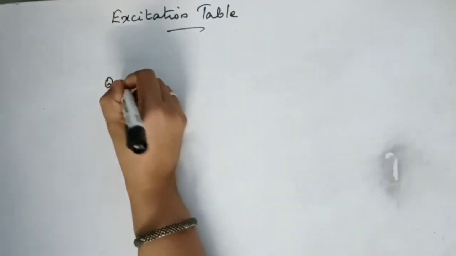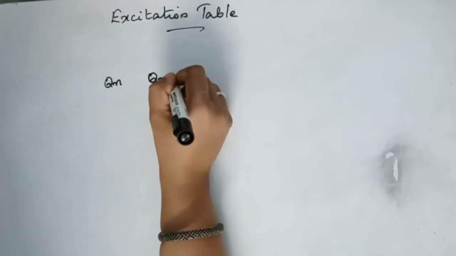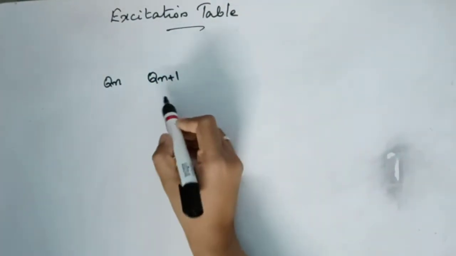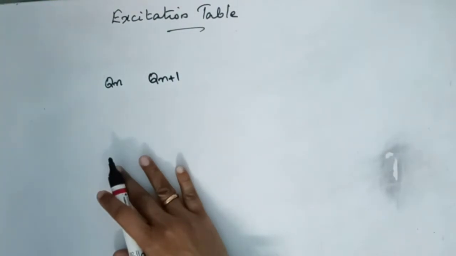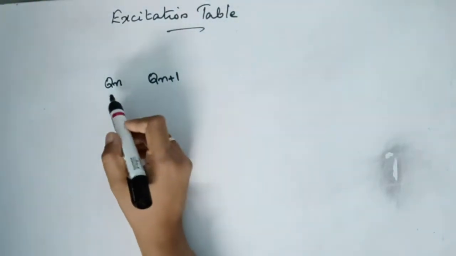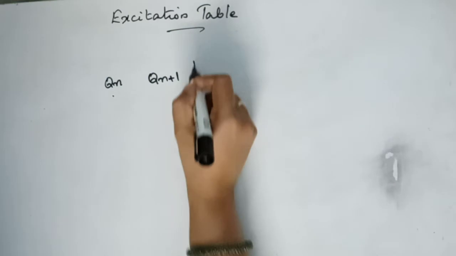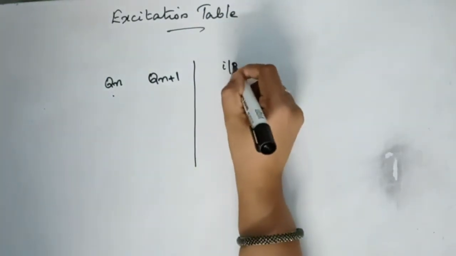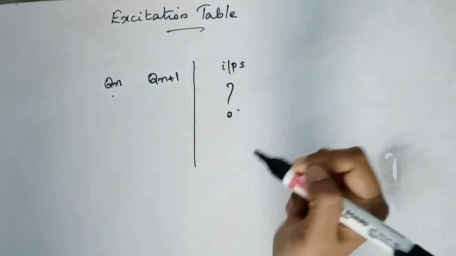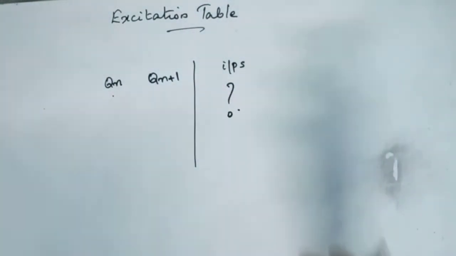And the excitation table is this: we know what the previous, present state Qn was, and we know what the next state Qn plus 1 should be. Knowing Qn, we want this Qn plus 1. For that, what should we give as the inputs? That is decided by the excitation table.